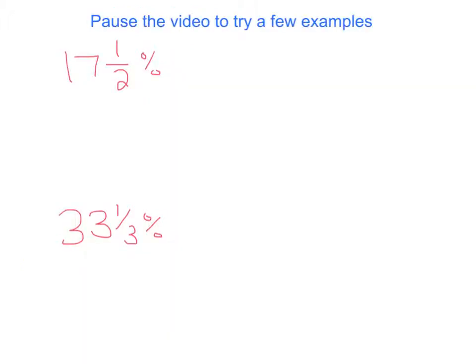Pause the video to try a few examples. For the first example, we have 17 1/2. We're going to write that as 17 1/2 divided by 100. We're going to turn that into an improper fraction, so it would actually be 35 over 2 divided by 100.